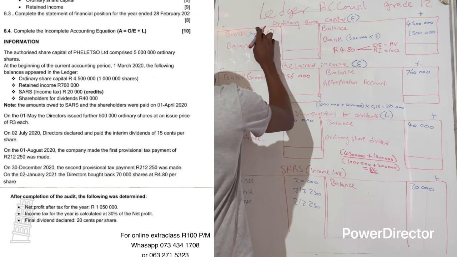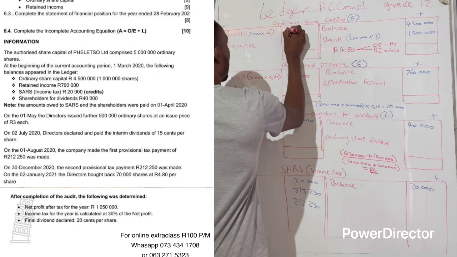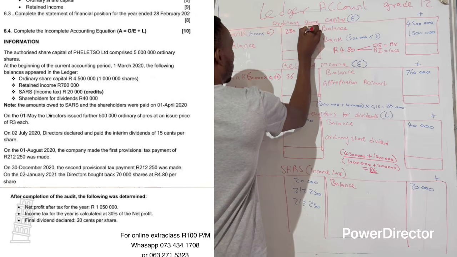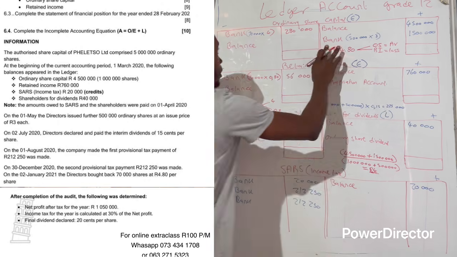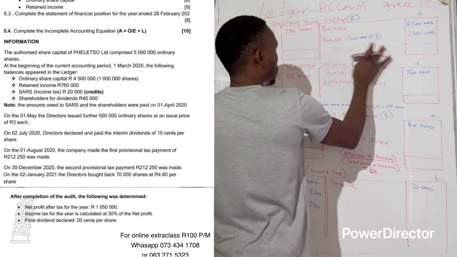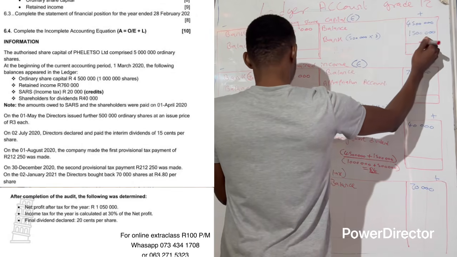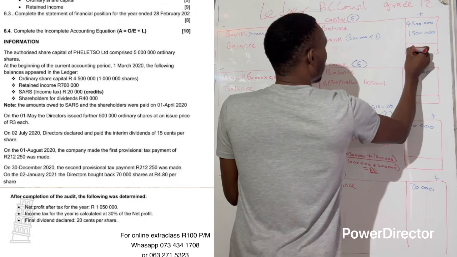Okay, and this one is going to give us 280,000. Okay, then now the one that we can balance is this one, because we have a total this side. It's going to give us 6 million.